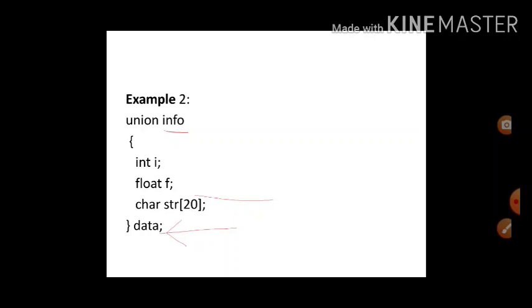For example, in our example, integer is of 2 bytes, floating point is 4 bytes, and the character string is 20 bytes.